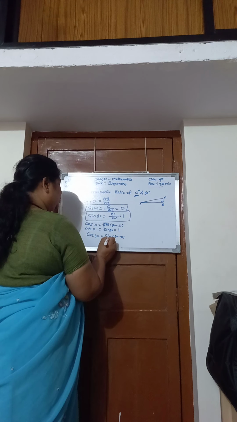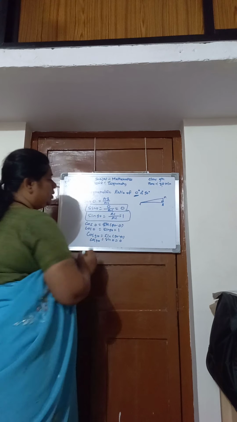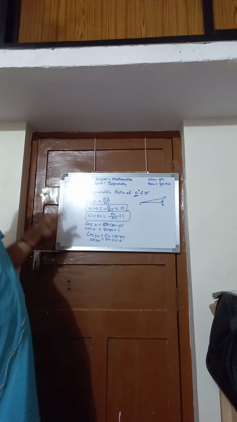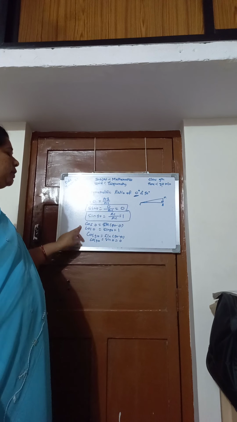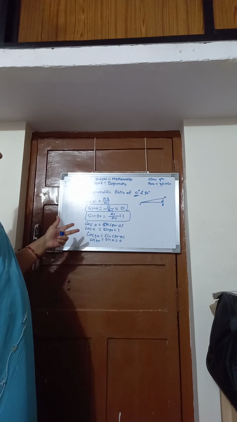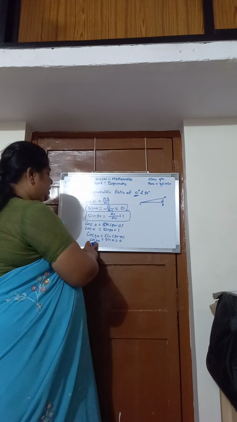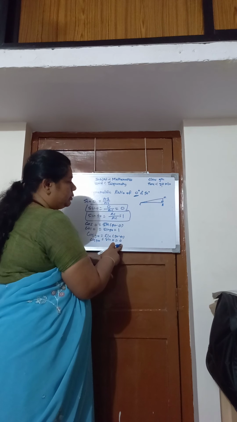That is sin 0, which equals 0. Thus cos 90 equals 0. Mark this. I will ask after some time all these ratios. Okay, then minutely observe it. Cos 90 equals sin 0 equals 0.